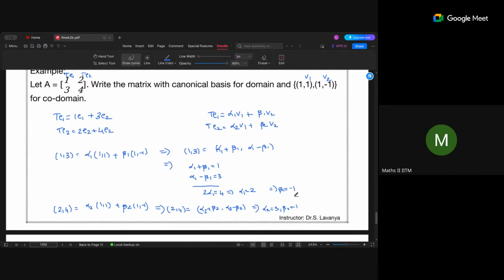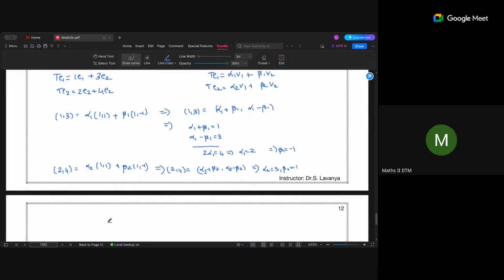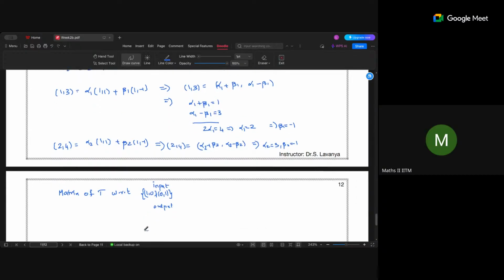So now what is the new matrix? Can you tell me? The matrix of T with respect to the basis (1,0), (0,1) for input and output basis (1,1), (1,-1).